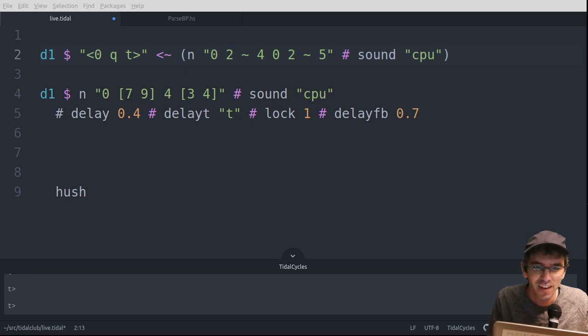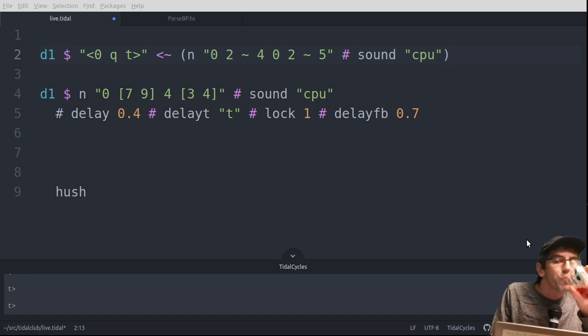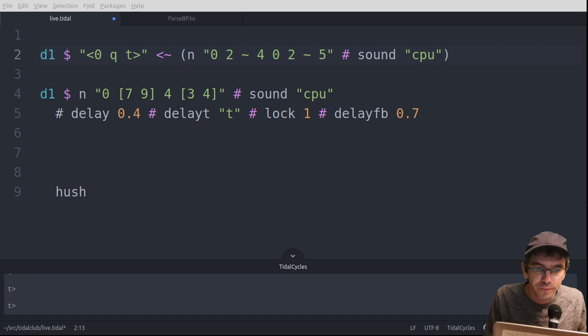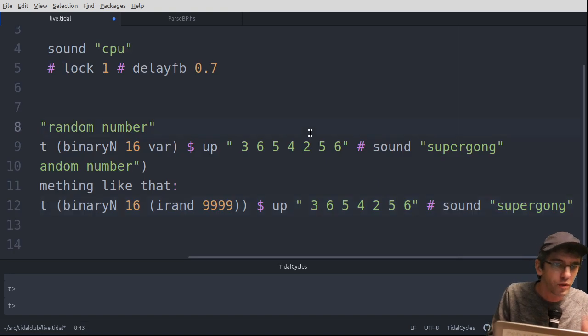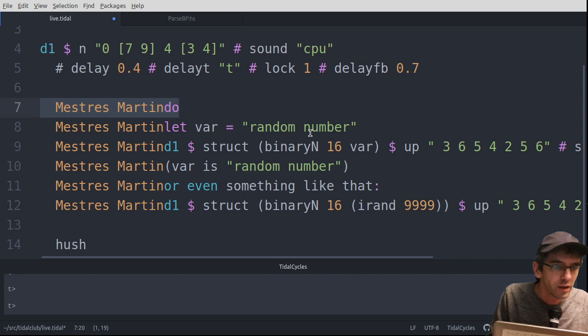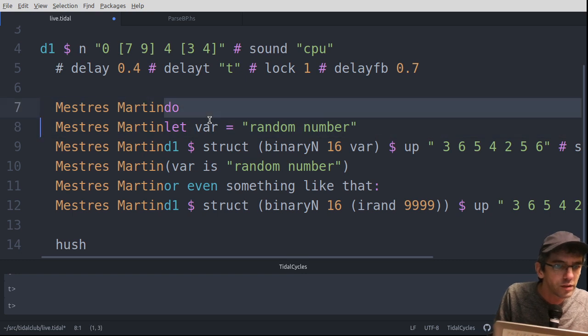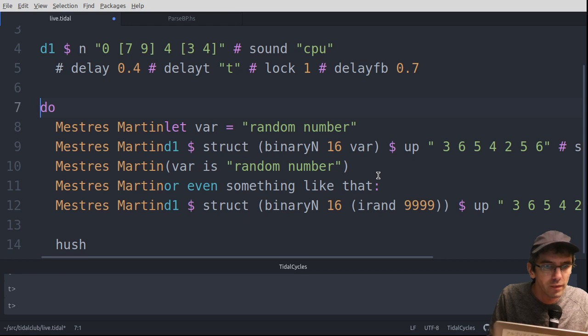Okay, so Mistress Martin, Vark was random number. Okay, we have some pseudocode or something here. Var is random number.